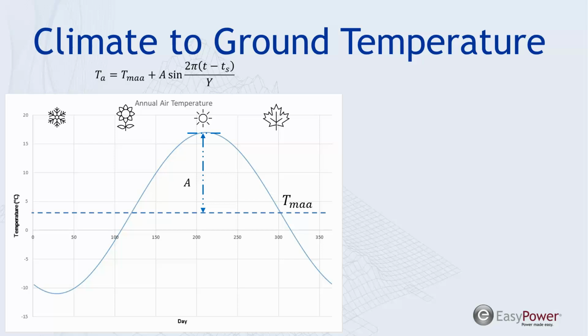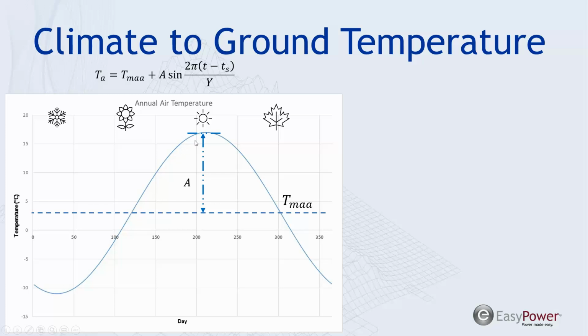So we can model or approximate our climate relatively accurately. In North America, there are great records for the seasonal variation of our air temperature. Here, in the graph on the left, we have the mean annual air temperature denoted by this dashed line, and we have a fluctuation around that of A, or our amplitude, for how much we swing above or below the mean annual air temperature.